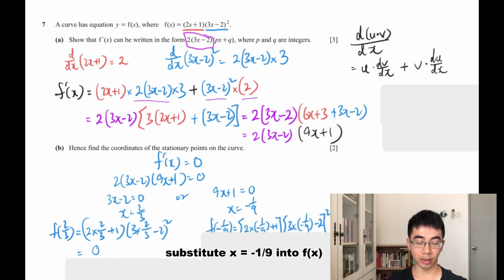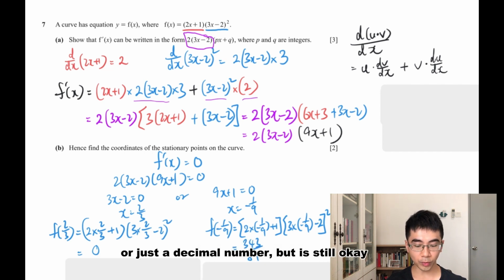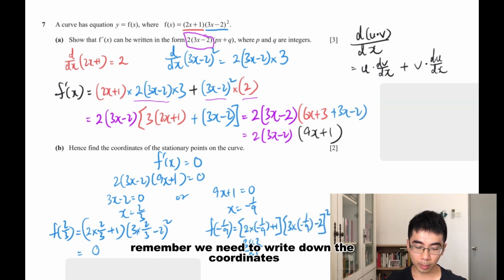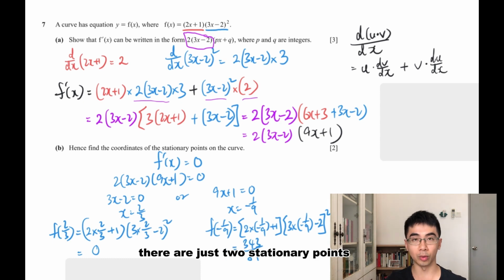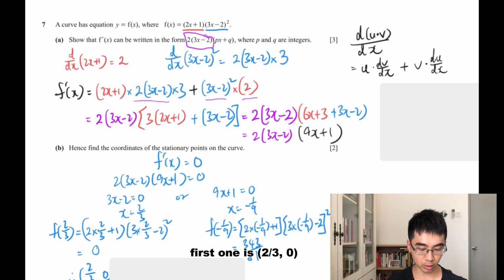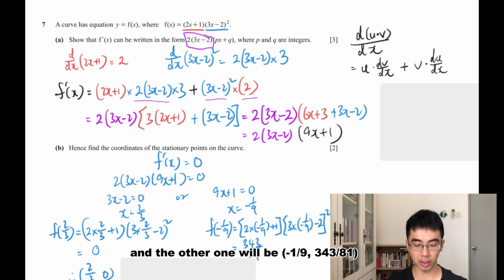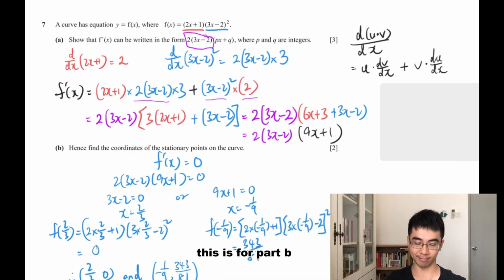If you substitute negative 1 over 9 into f of x, it will give you 343 divided by 81, or just some decimal number is still okay. But remember, we need to write down the coordinates. So there are just 2 stationary points. The first one is when x is 2 over 3, y should be 0. And the other one is when x is negative 1 over 9, and then y should be 343 divided by 81. And this is for part B.